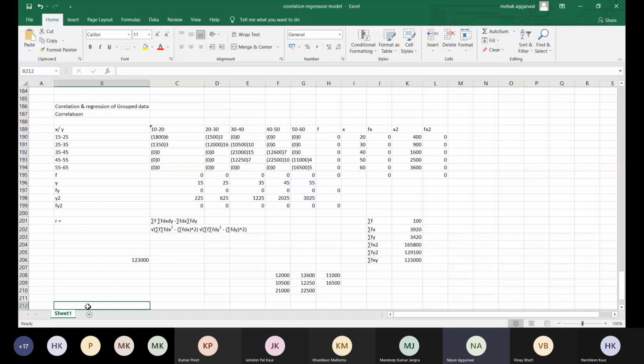Tell me. Y on x. We have to find y on x because we have to see the effect on income of age. So age should be my independent variable and y should be my dependent variable. So we have to find the line of y on x.